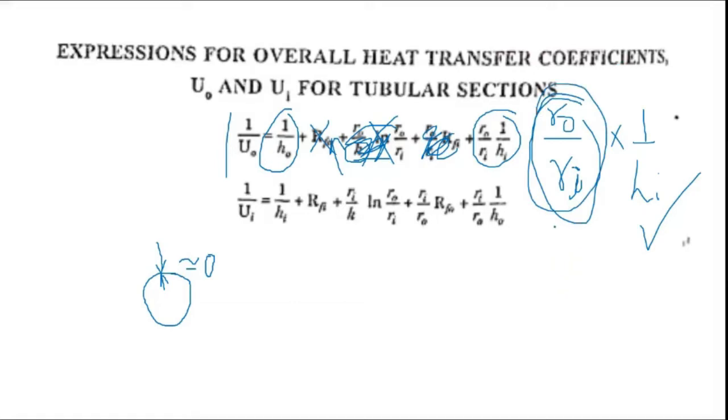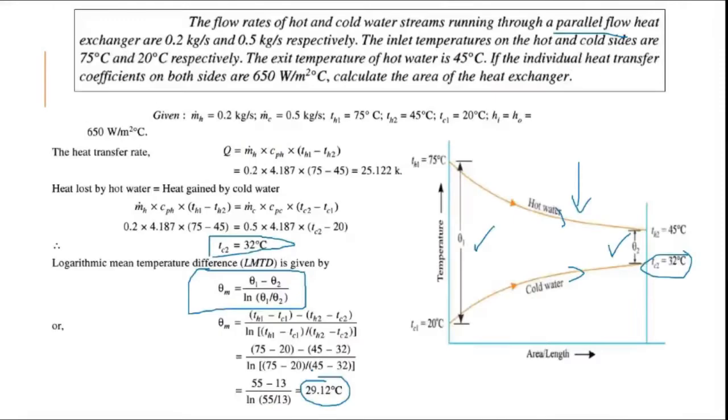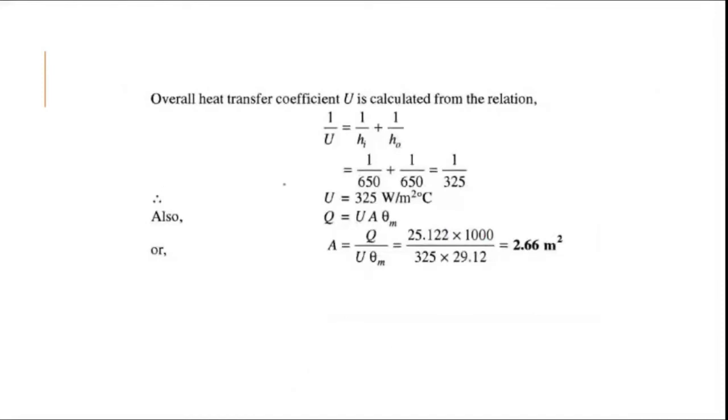Yes, sir. When we make that assumption, the formula becomes 1 by capital U is equal to 1 by h naught plus 1 by hi. Can we write like this? Yes, sir. So the same relation has been used over here for determining the overall heat transfer coefficient: 1 by hi plus 1 by h naught, and substituting the values of h.